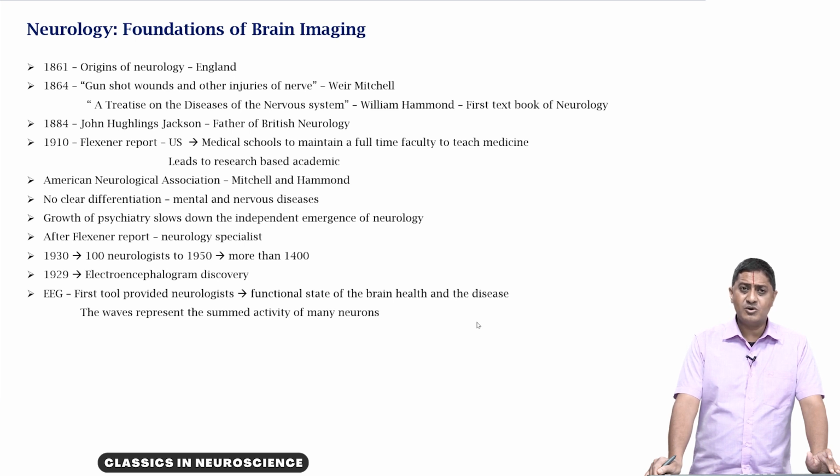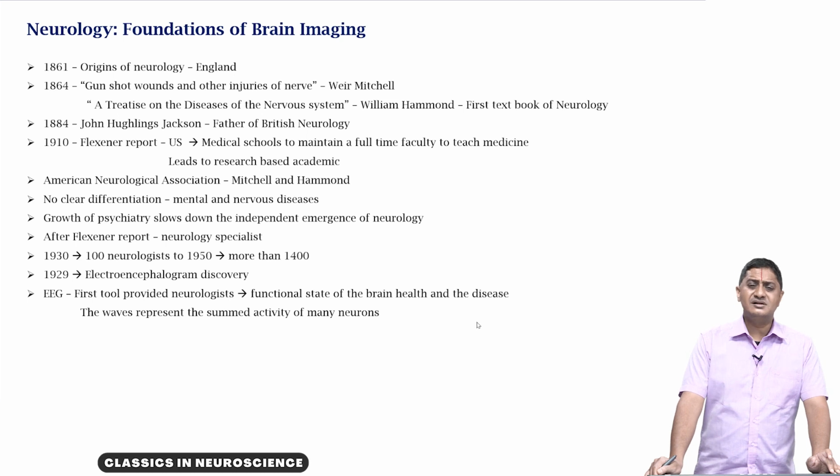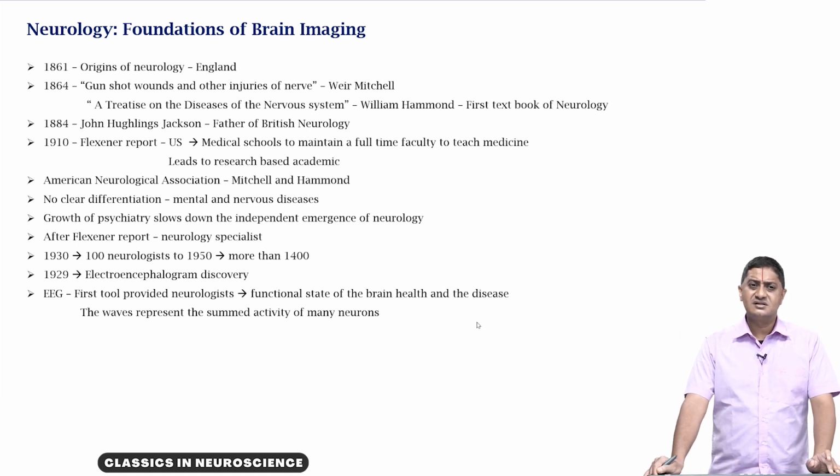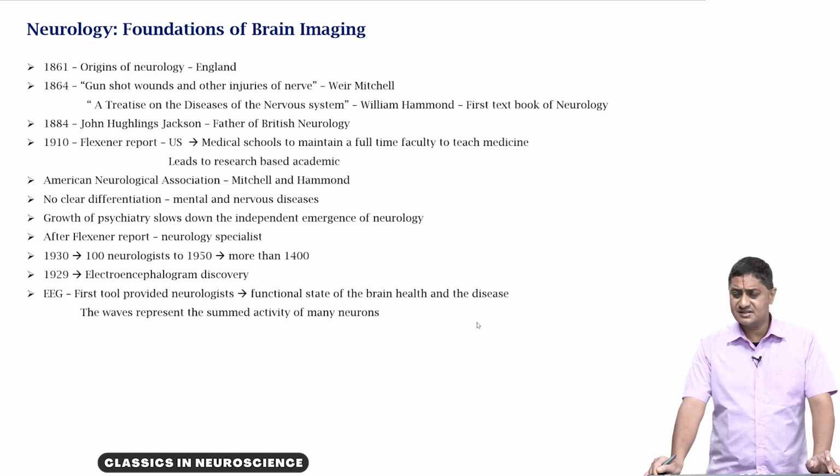about the state of the brain, the health of the brain and the diseases in the brain. Remember that these waves that are measured in EEG essentially represent the summed activity of many neurons. These are field potentials, not intracellular recordings.